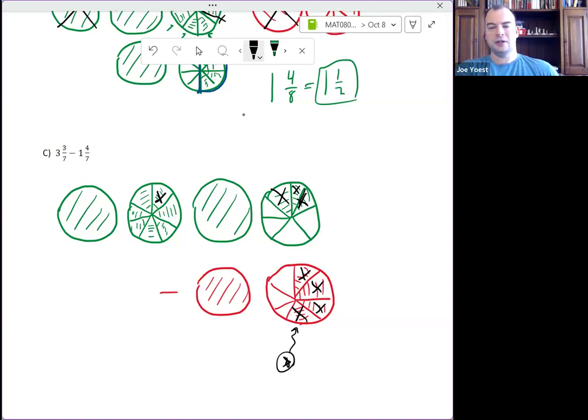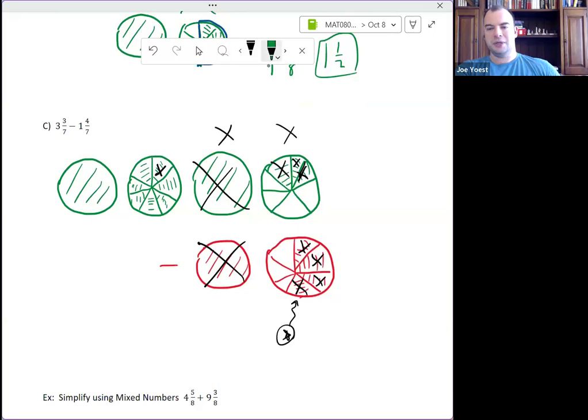And now I've satisfied all of my red fractional parts. I also see that I have a green whole minus a red whole. I can get rid of those. So I've gotten rid of all of my slices from the original fractional bit. I've gotten rid of one of my green wholes, and another green whole was broken up into 7 slices to allow one or more of those slices to mesh with the reds that I needed.